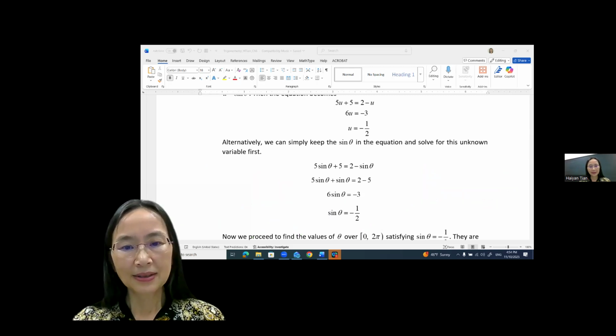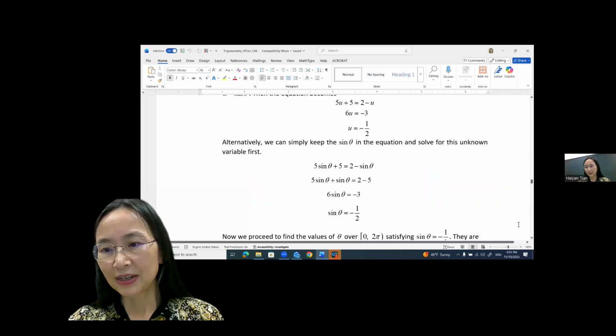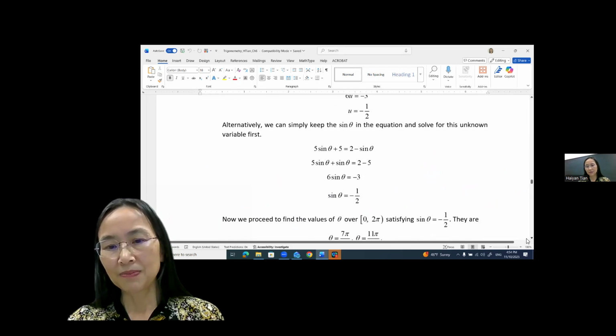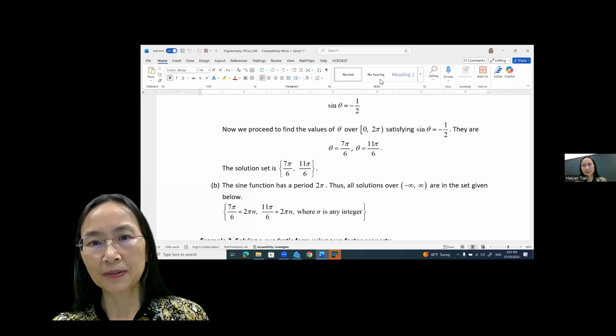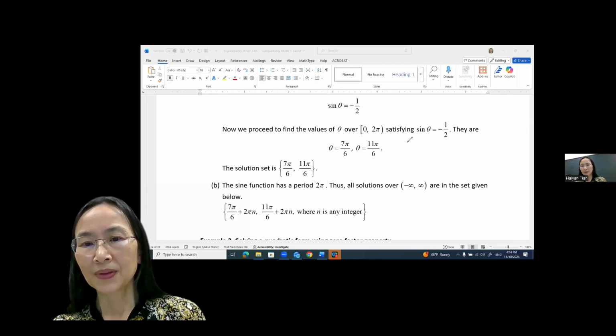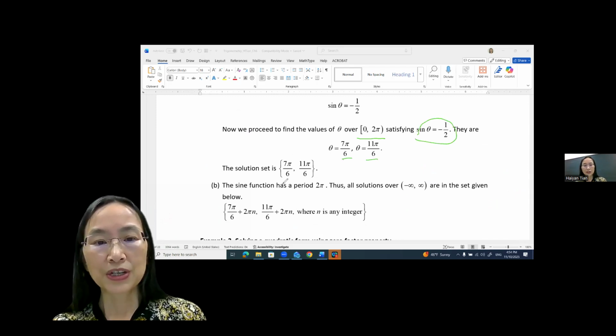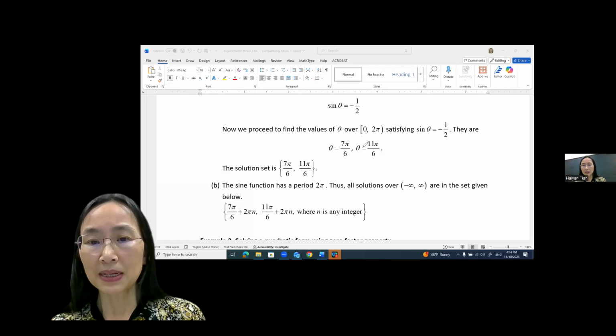So this is the analysis. We have found, in this interval, two solutions satisfying the equation. But once we have two solutions, we can find infinitely many solutions.